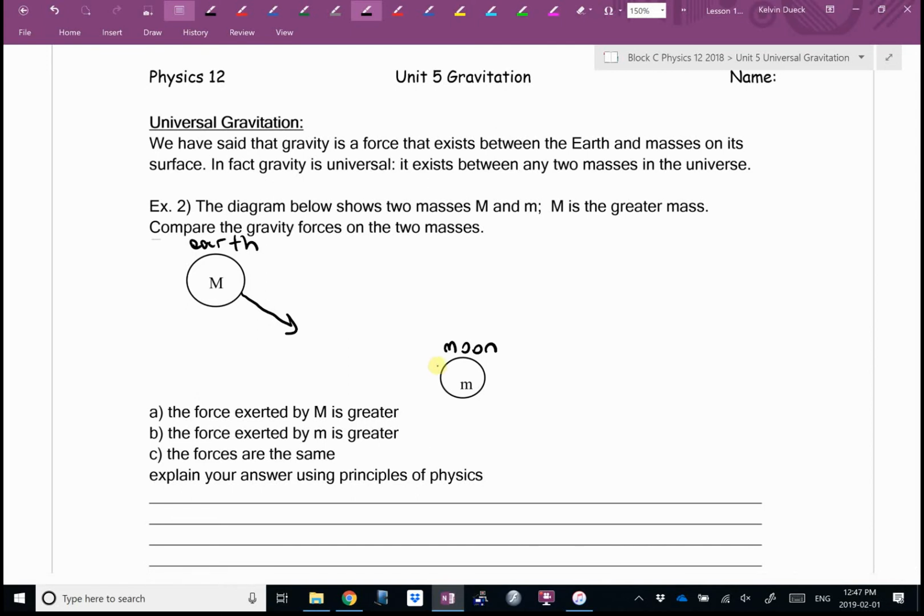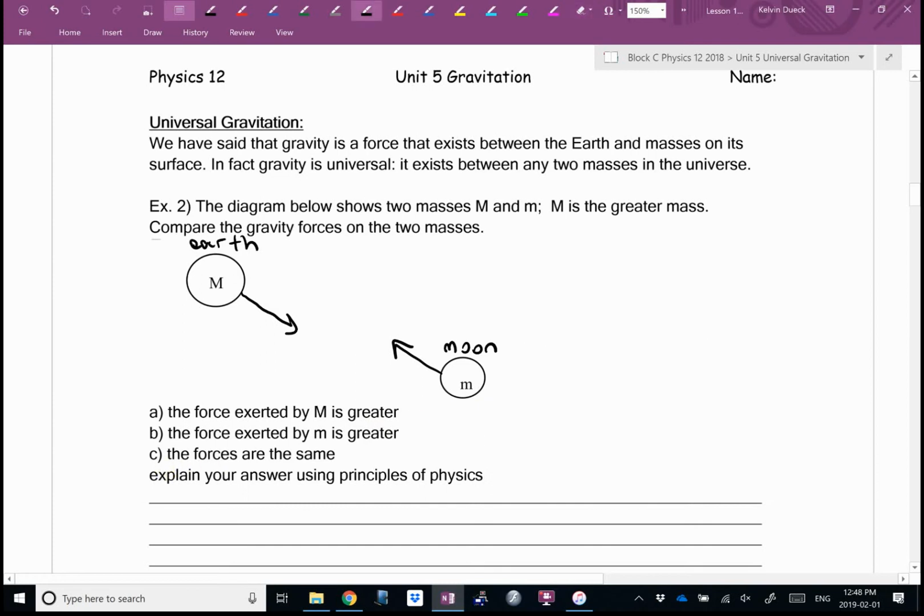And it is true that the moon is reaching out and exerting a gravitational force on the Earth, because it has mass. Which of the following statements is true? And you know what? We're going to vote. A, the force exerted by the Earth is greater. B, the force exerted by the moon is greater. Or C, they're the same.